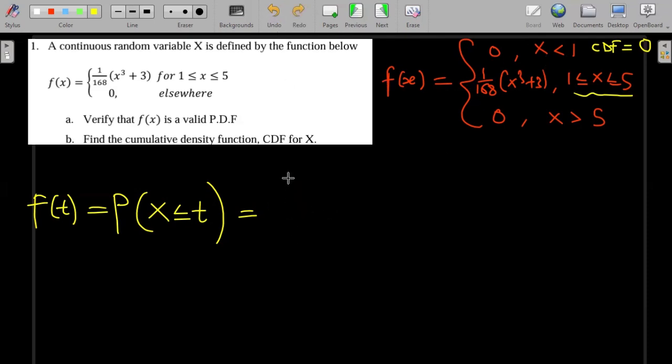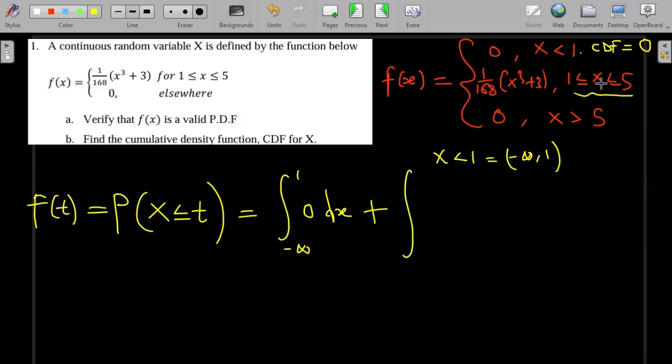So this guy here was from minus infinity all the way up to 1, when I consider x less than 1. Since we're finding the CDF, we have to add the probability of this to the next one, right? So this is what I'm doing there. So 0 dx was for the first one, and then plus. Now, the CDF that I'm finding is for this guy.